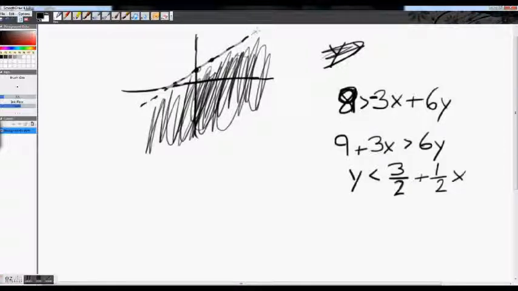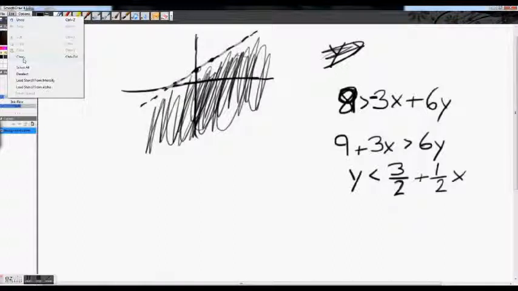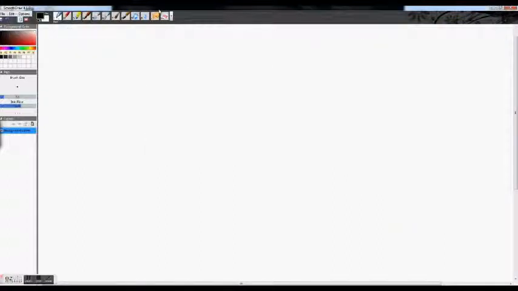Now, let's look at a couple of systems. These are nowhere near as involved as the systems of linear equations. Gladly.